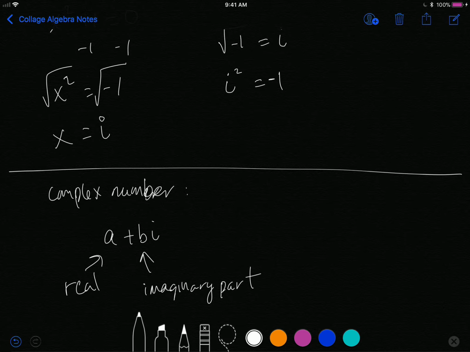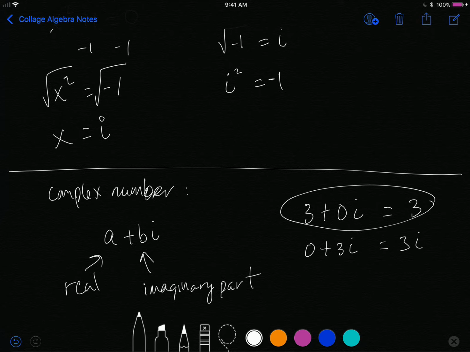A complex number such as this right here, 3 plus 0i, is said to be real because 0i simplifies just to 0. And a complex number with a 0 real part, 3i, is said to be imaginary. That immediately means that all real numbers are complex numbers as well. A complex number written in this form is said to be in standard form.